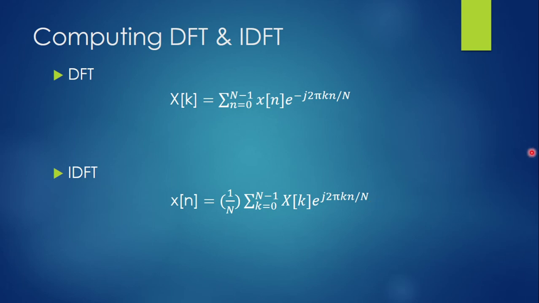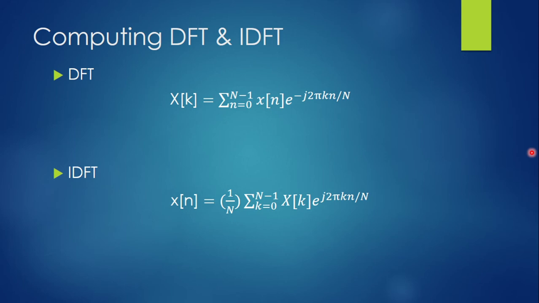Now see, all things that we have discussed so far was the conceptual thing. What is DFT and how it is calculated? Basically, DFT is based on the correlation. If there is more correlation between a signal and a particular frequency that it is multiplied with, you get a higher amplitude. If that correlation is less, you will get a low value of that amplitude.